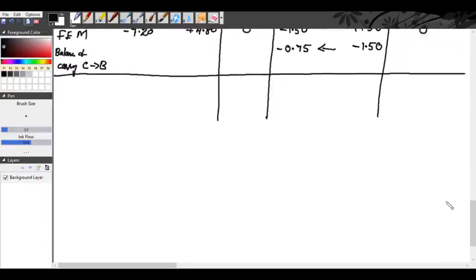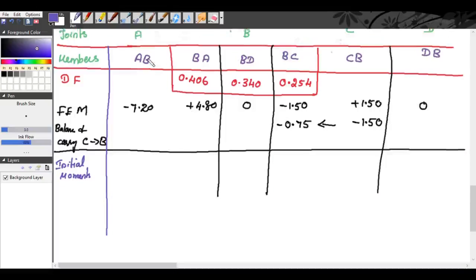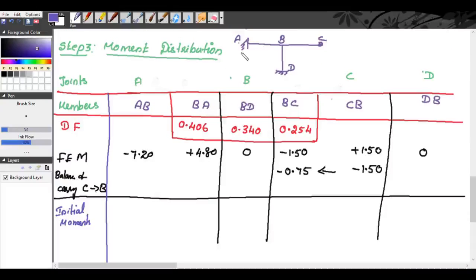Now, we will write our initial moments. At AB, A is fixed support. So our initial moment is minus 7.20.